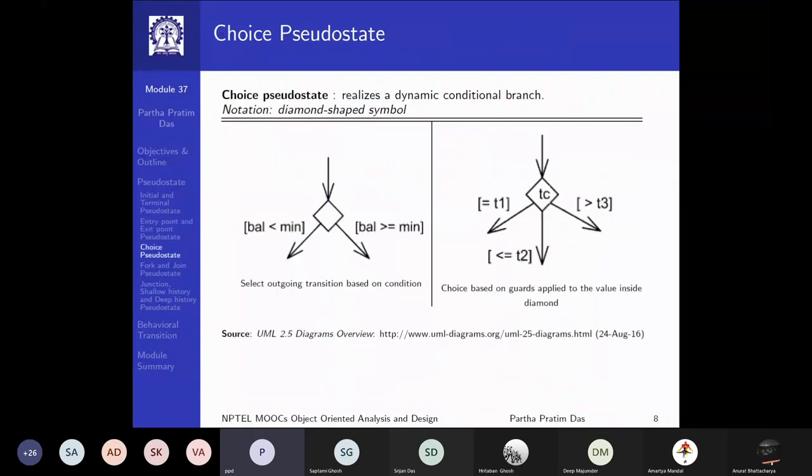And extending this, it also allows things that we did in activity, that you could have a choice pseudo state. This is a little bit higher than what your normal FSMs will do. So you could have a choice pseudo state where you have a decision being made based on the guard conditions, a binary decision, a ternary decision, or an n-ary decision.